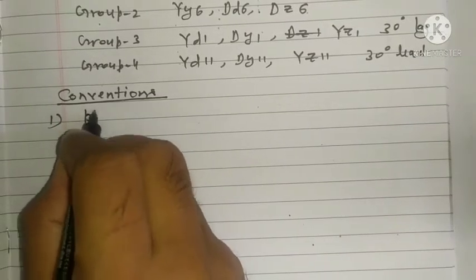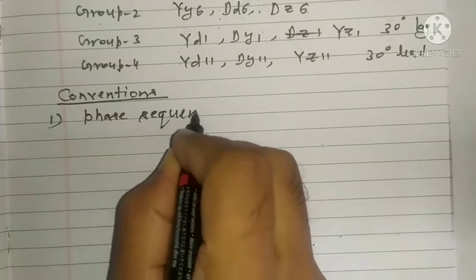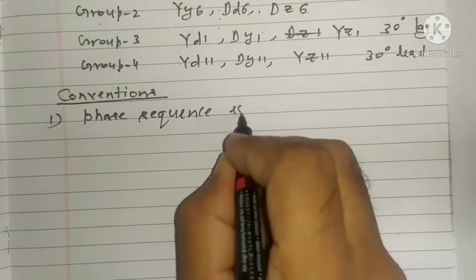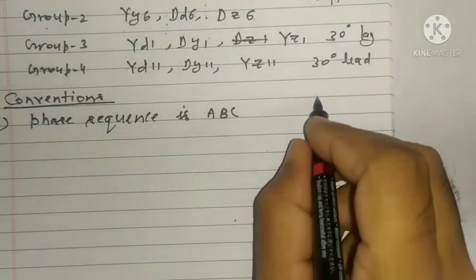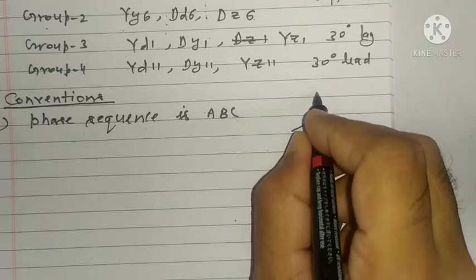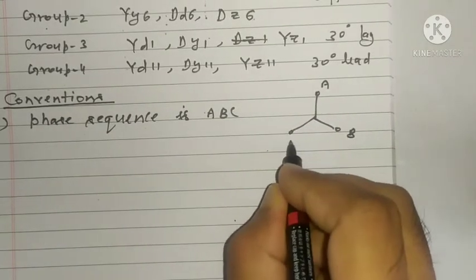So phase sequence is ABC. That means it's A, it is B, it is C.